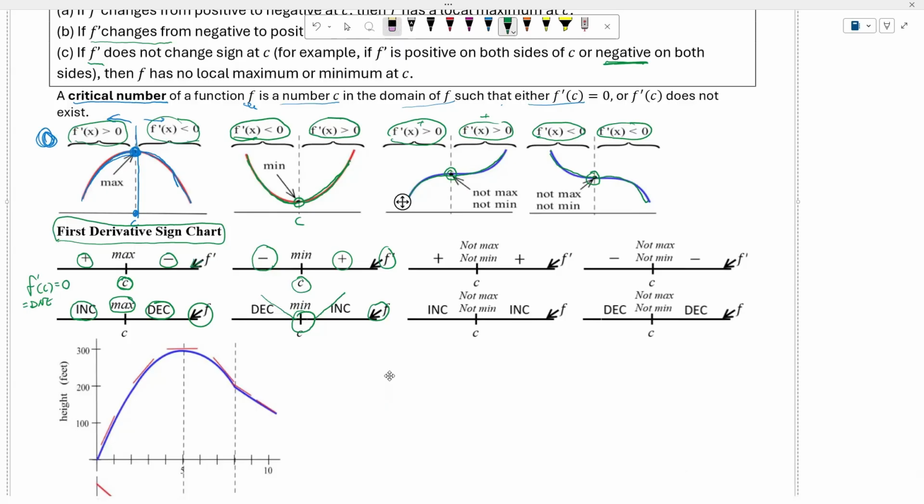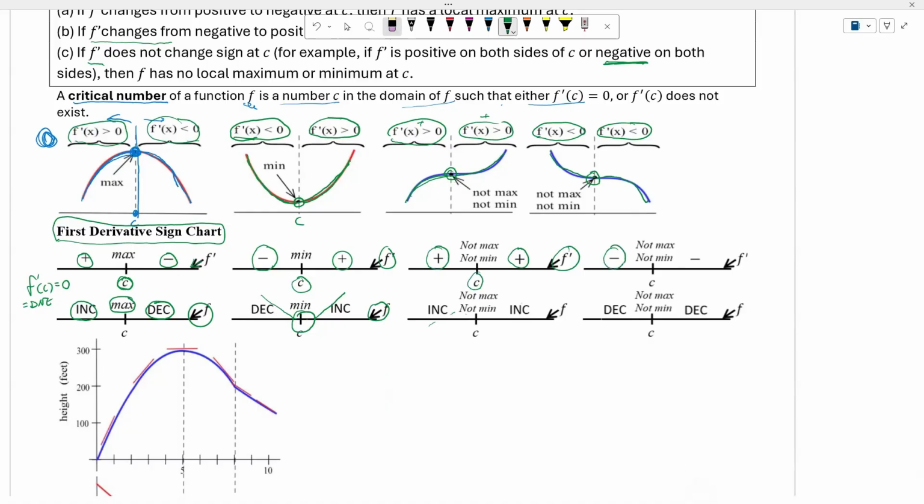Now, what if f prime goes from positive to positive? That means the function is increasing and then increasing. So this c right here is not a maximum, not a minimum.